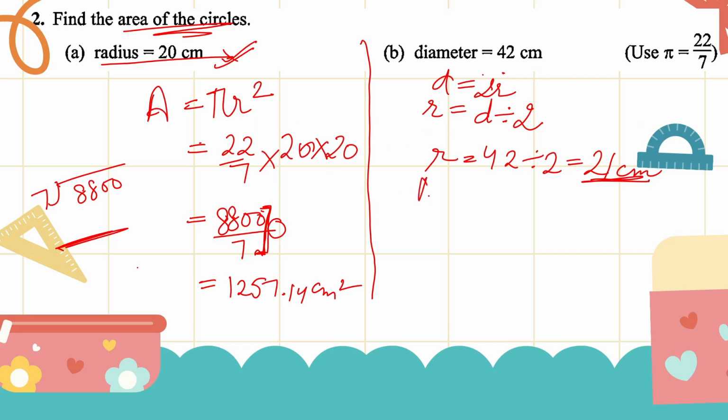Again we can use the same formula and you will find the answer. Pi r square by putting the value 22 over 7 into r into r, means 21 into 21. You will find the answer. Here it is given, but in the exam it is not given that pi equals this and that. Okay, so we will move to the next sum with the next slide.